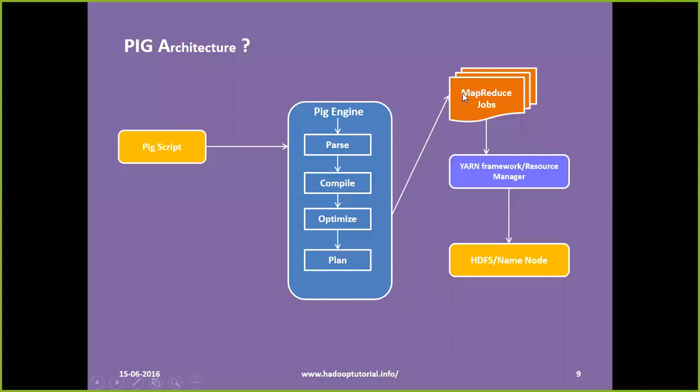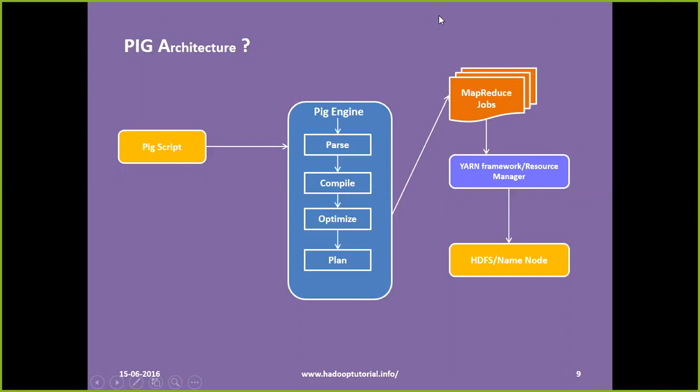Once it submits the MapReduce job, it is similar to any other typical MapReduce job, the way you submit your MapReduce job from your client machine. It is not like a distributed architecture, or it is not having that much of architecture.